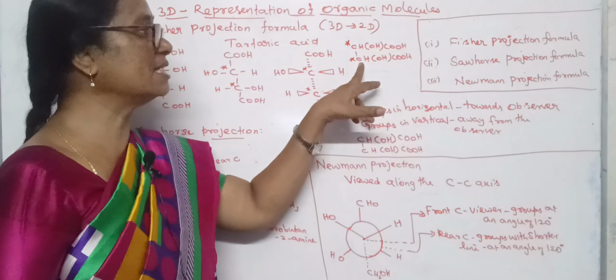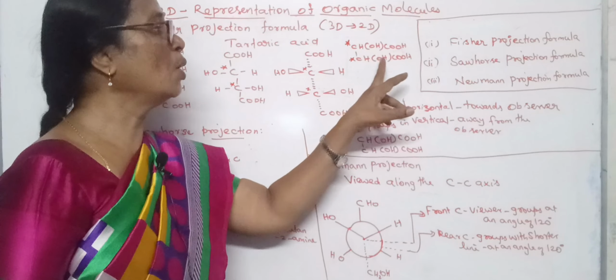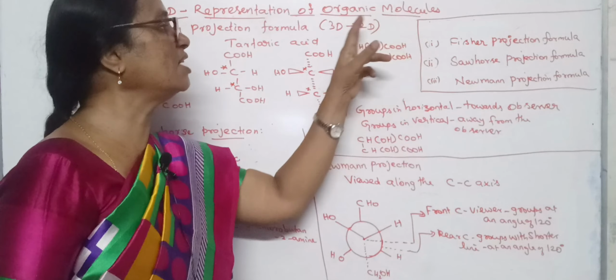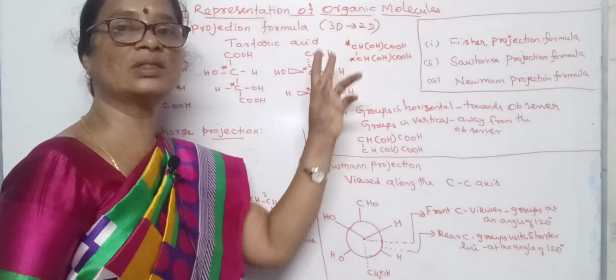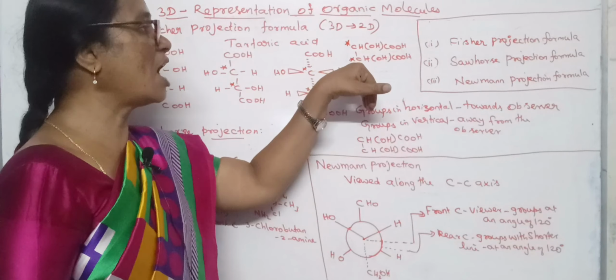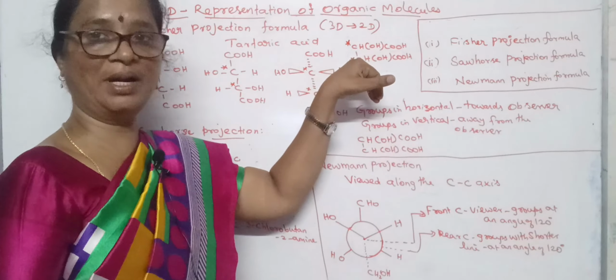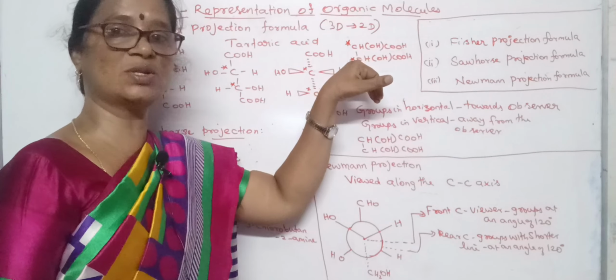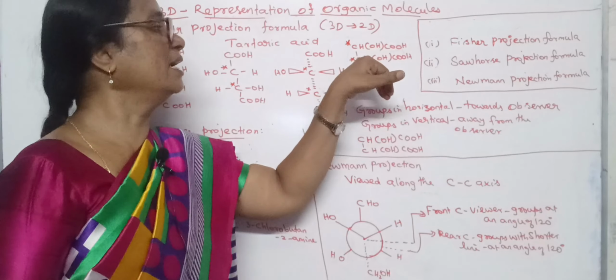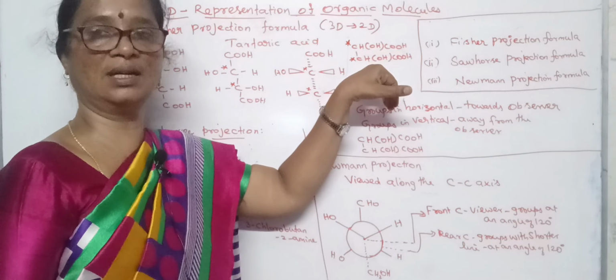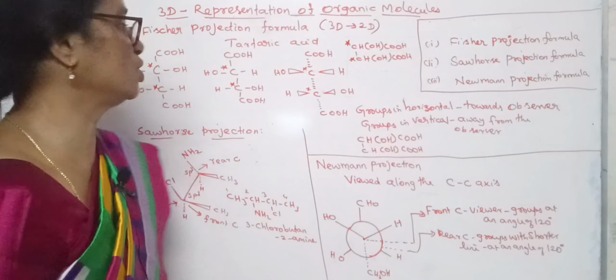Similarly, take this carbon: it has H, OH, COOH, and the first carbon becomes the fourth substituent. So the carbon with four different groups is an asymmetric carbon atom, and it is also said to be a chiral carbon. In detail, we will discuss this in optical isomerism.